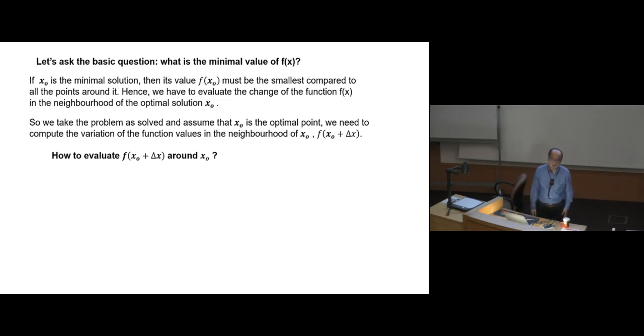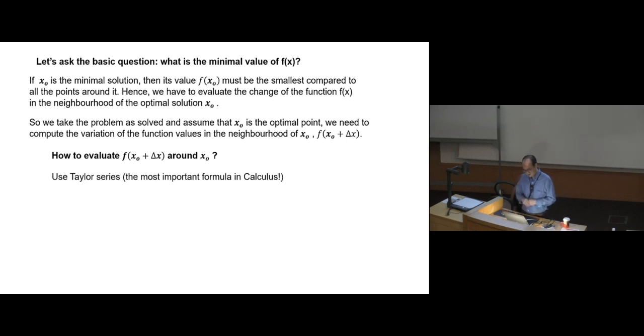Now here becomes a mathematical question, right? If you know a function, how do we evaluate the function f(x naught plus delta x) around x0? There is a very famous formula for that, right? Taylor series.